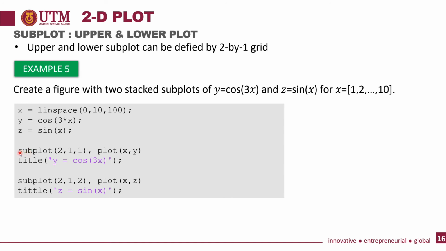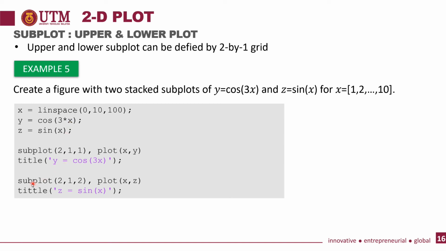We put subplot here: the plot has a total of 2 rows, 1 column, and this plot will be positioned in the first position, which is on the top. Then plot x versus y, and the title will be y equals cos 3x, because the function y here equals cos 3x.